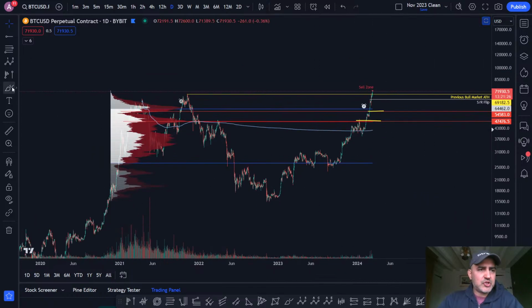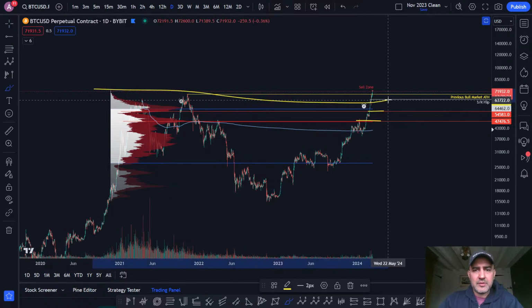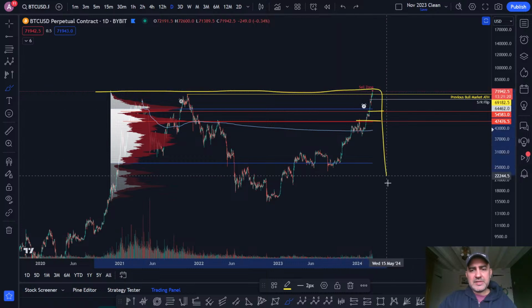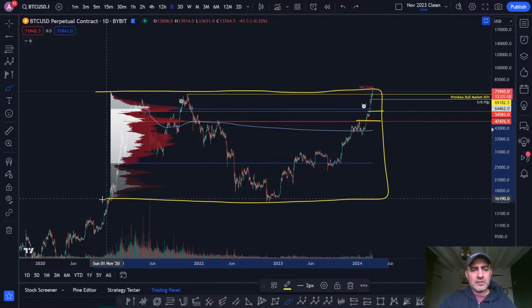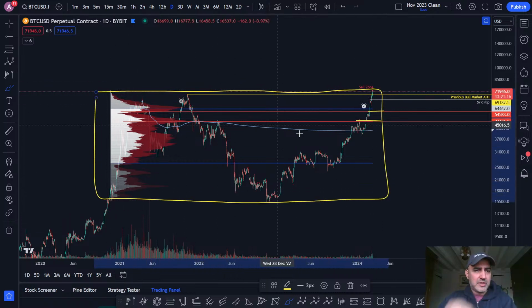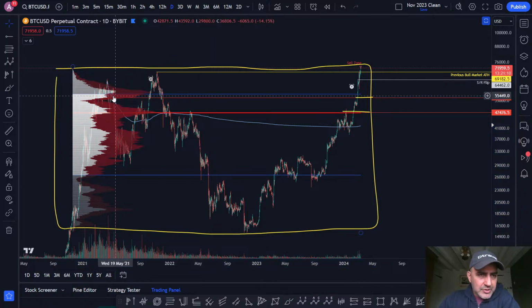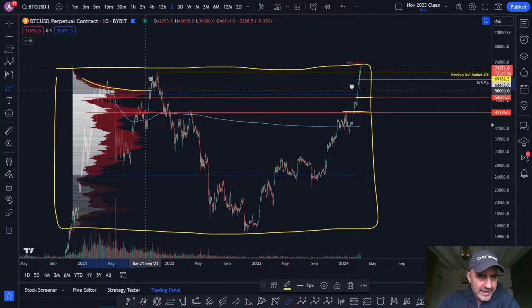I'm just assuming now the whole thing is one big range. Don't think that we're going to the moon. Just think this is one big range and we're at the top of the range. The value area high corresponds with this high volume node here.